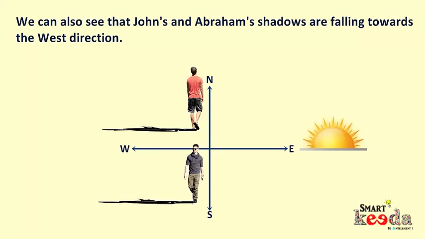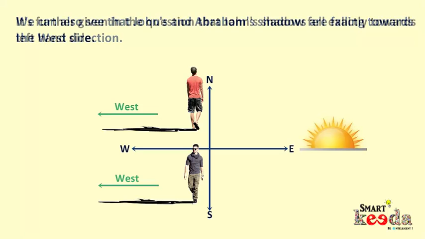We can also see that John's and Abraham's shadows are falling towards the west direction, because the sun is rising in the east, and therefore the shadows of objects or people will fall towards the opposite direction, which is west here. Now it's further given in the question that John's shadow fell exactly towards his left hand side.